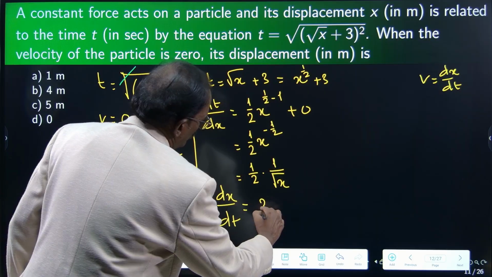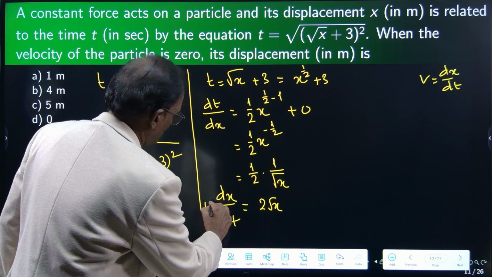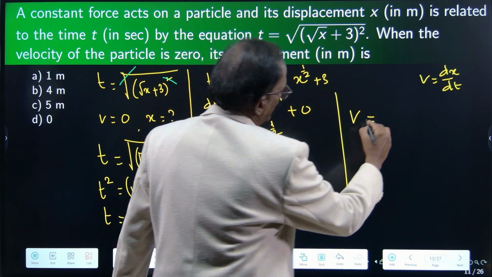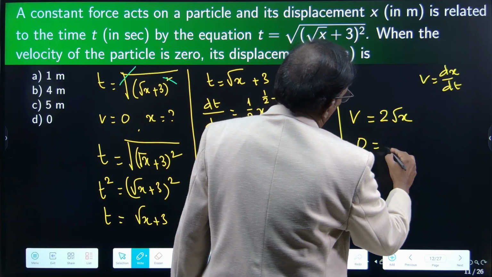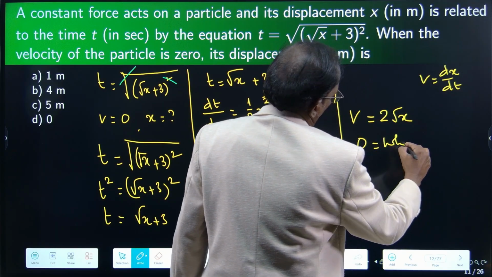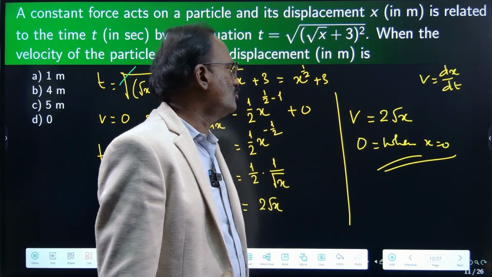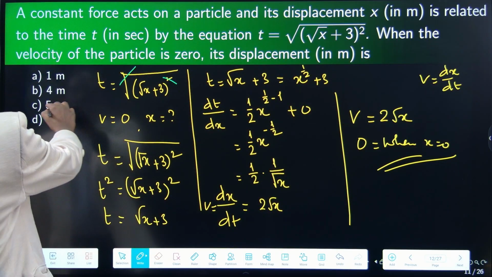That will be 2 root x, taking the reciprocal. So velocity is equal to 2 root x. V becomes 0 when x = 0. So if x = 0, v will be 0. Option D.